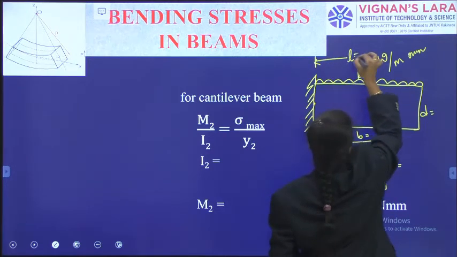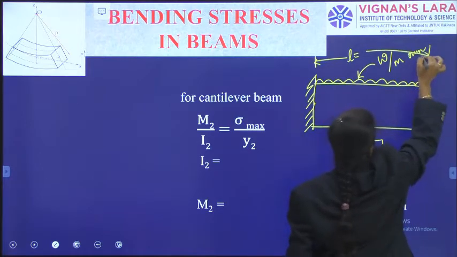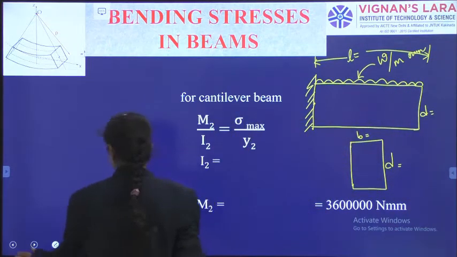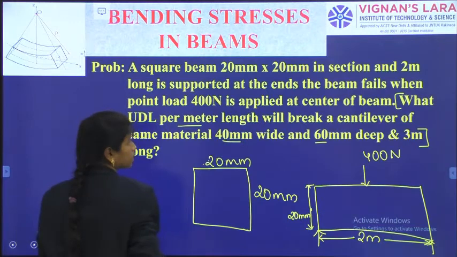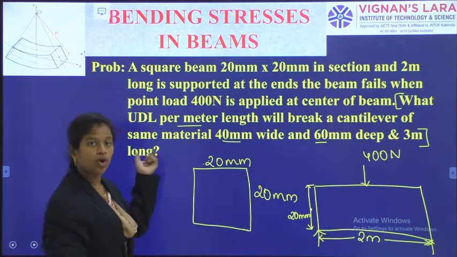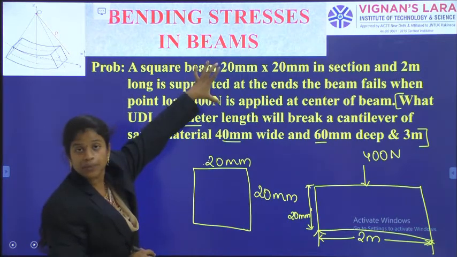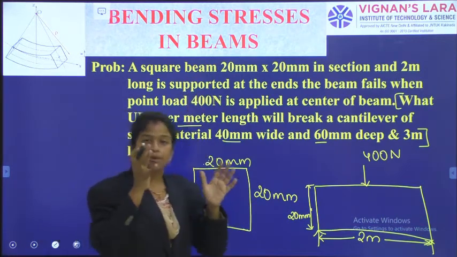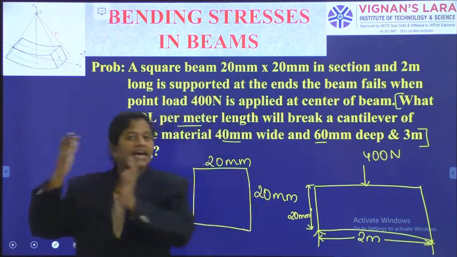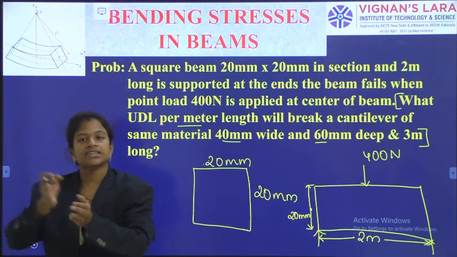How much is the length? We need to calculate, sorry, that they have given in the problem. We are having a beam of 3 meter long, a cantilever beam of 3 meter long. Initial information is for the simply supported beam. Such a type of material is used as a cantilever beam, and that cantilever beam should carry some UDL.